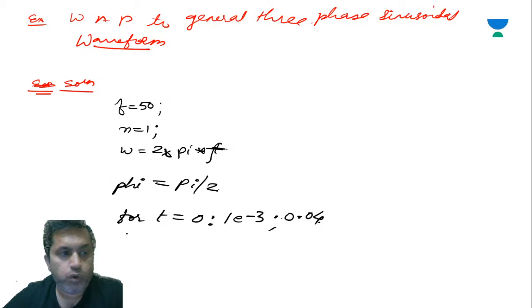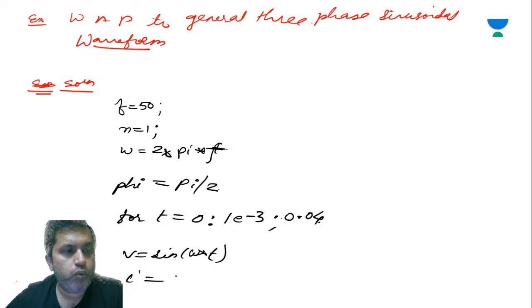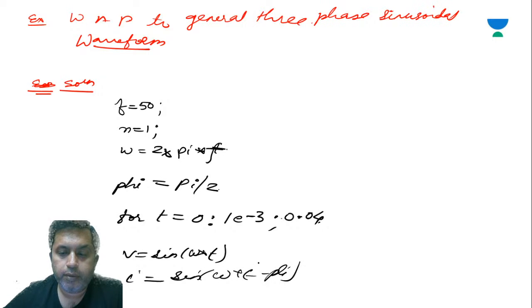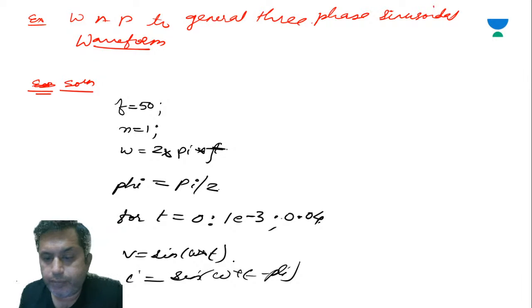Okay. So v is equal to sine omega t, I is equal to sine omega t minus phi.